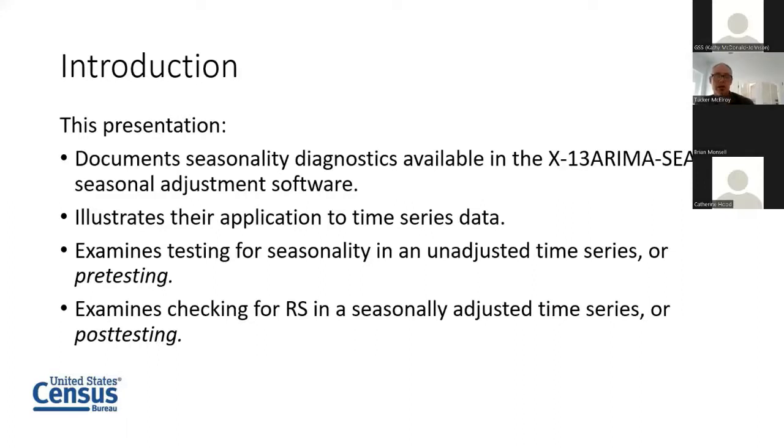I'll look at the examination of testing for seasonality in the unadjusted series. So that's the first part, step 1, that's called pretesting. And then also looking for residual seasonality in step 3, and that's called post-testing. So it's pre and post, before and after the seasonal adjustment process.